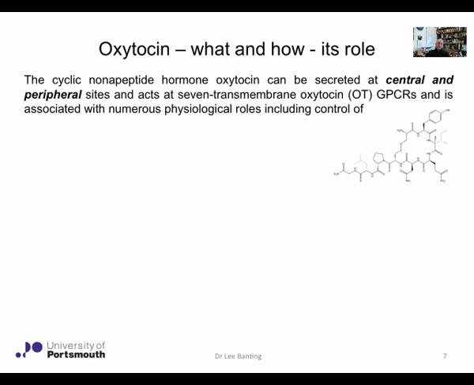Okay, the cyclic nonapeptide, telling you that there are 9 peptide residues in the whole molecule, can be secreted at central and peripheral sites and acts at a 7-transmembrane GPCR, the oxytocin receptor, and it's associated with numerous physiological roles, including uterine contractions, which is one of the main roles for oxytocin in the formulary.